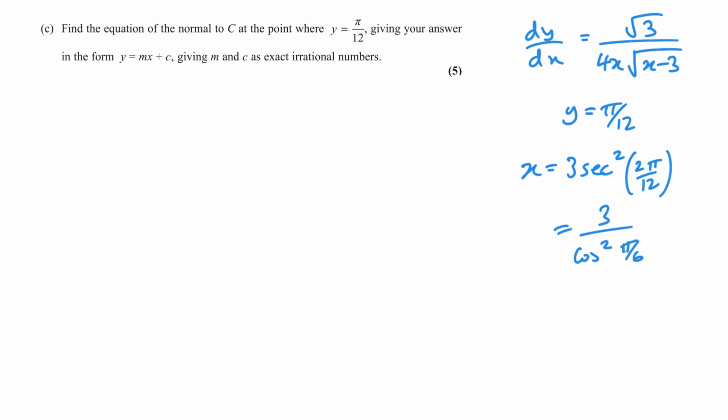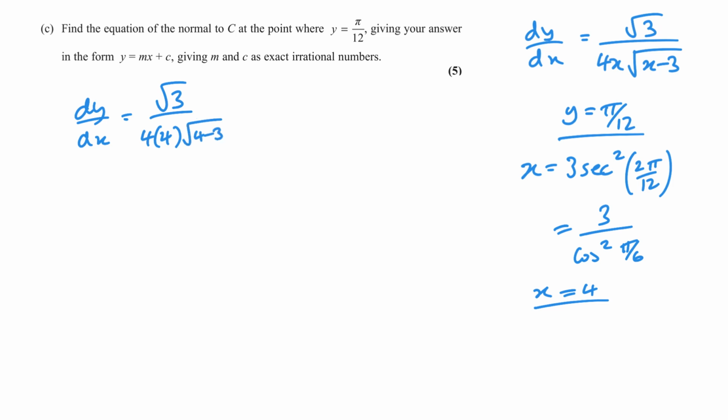And that will give me that x is equal to 4. So from that now I can find out my dy by dx, my gradient. So dy by dx is root 3 over 4 lots of 4 times the square root of 4 minus 3. So we get root 3 over 16.